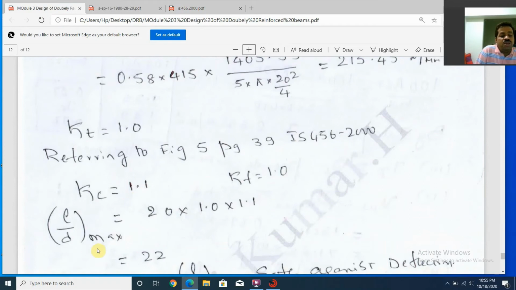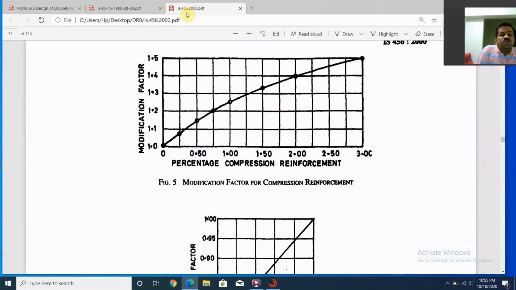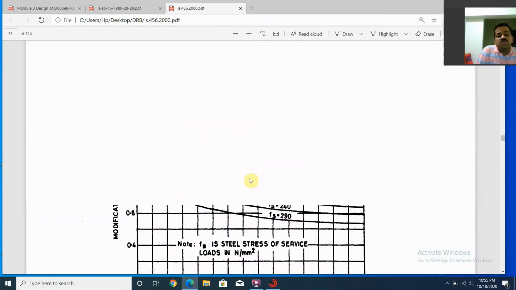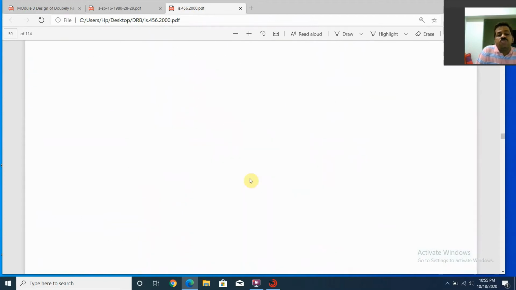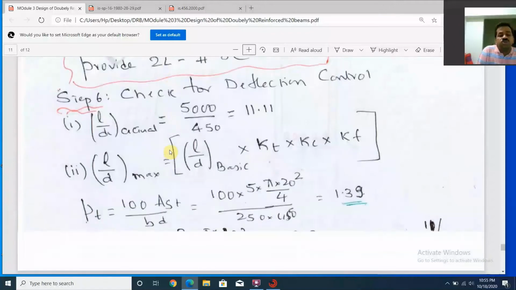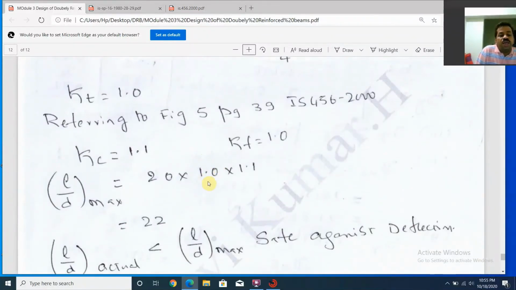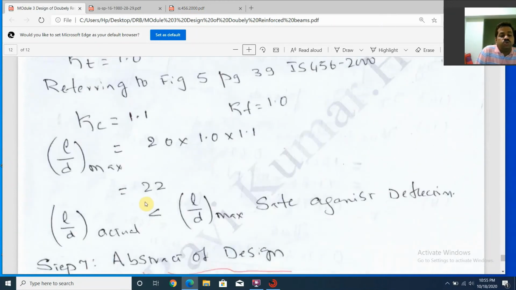So L by D maximum is equal to L by D basic. Page number 37 tells that for a simply supported beam it is 20. So I substitute 20 into 1 into KC 1.1. So hence 22.